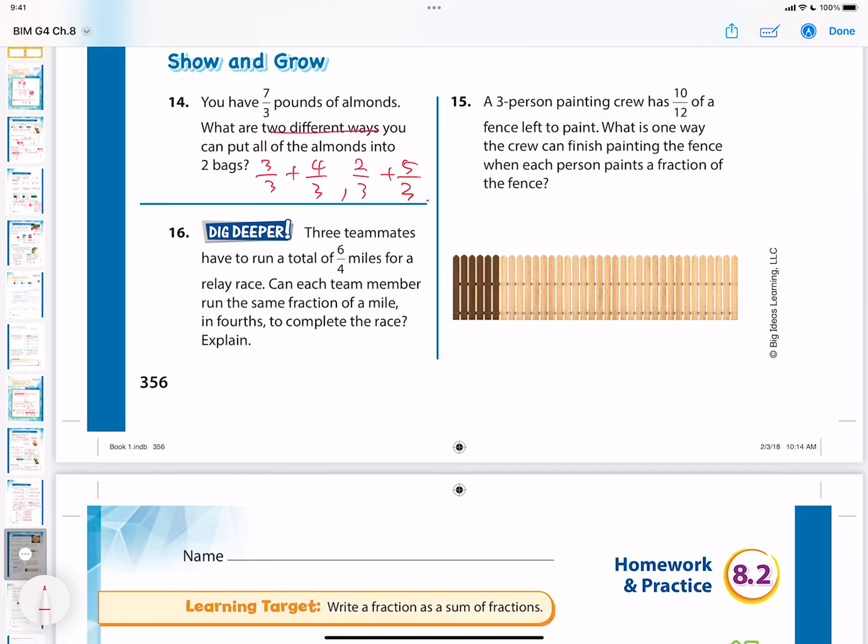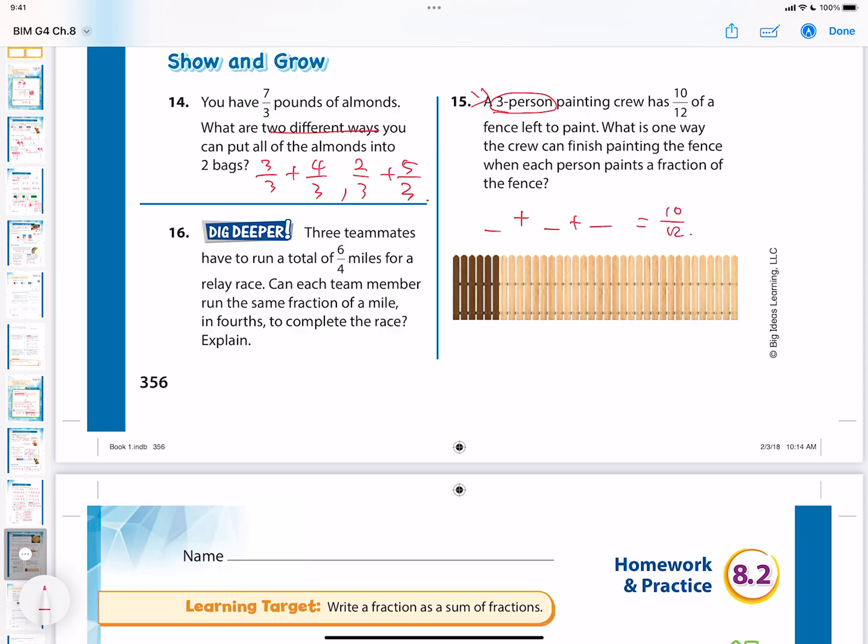All right, number 15. A three-person painting crew has 10/12 of a fence left to paint. What is one way the crew can finish painting the fence when each person paints a fraction of the fence? How many people are there? 3 people. So now when you add these 1, 2, 3, you have to have 10/12.